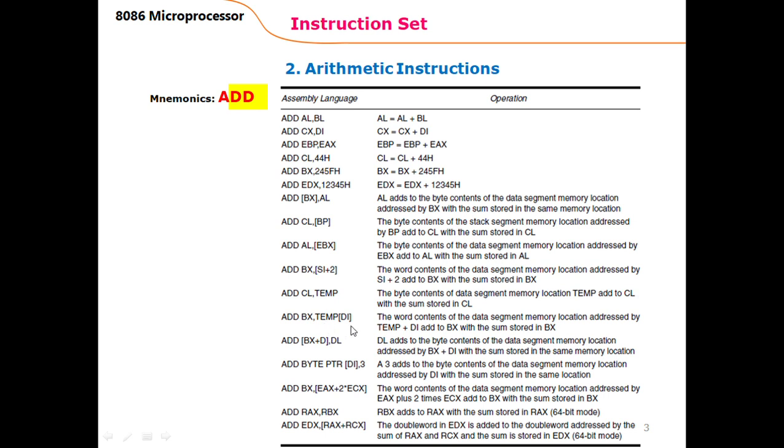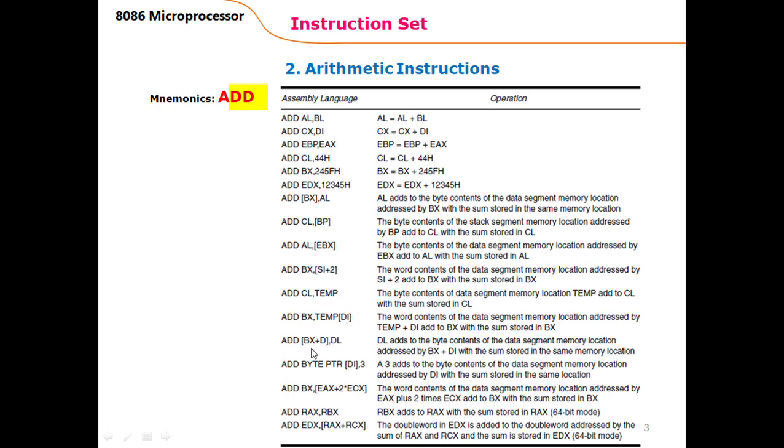Both of these values are added and a 16-bit offset address is calculated. And the 16-bit data or word size data from this memory location is added with the content in the BX register, and the result is stored back into the BX register.